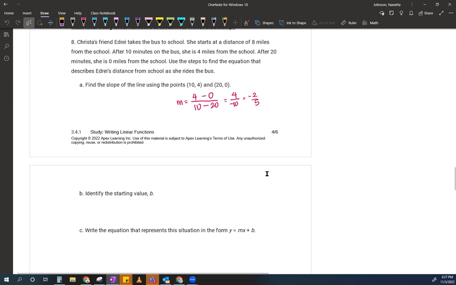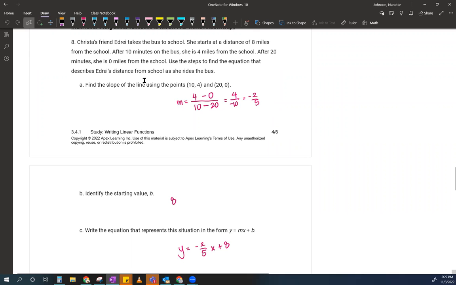Now, some people like to make this a decimal. I do not like decimals for my slope. Actually, I don't like decimals for the most part, unless they want some kind of value, because the slope is much easier used when it's a fraction, right? Because that's the rise, that's the run. So there's your equation. So what does this mean, Ms. Johnson?